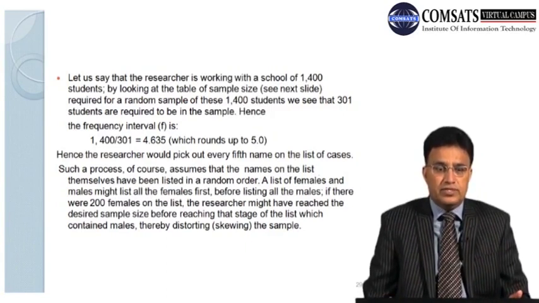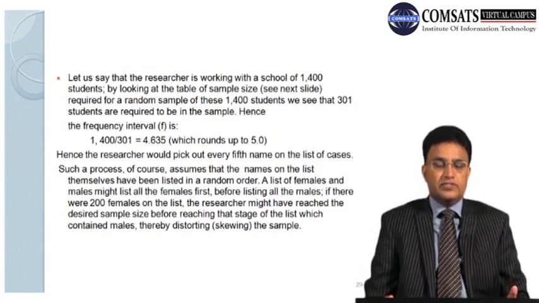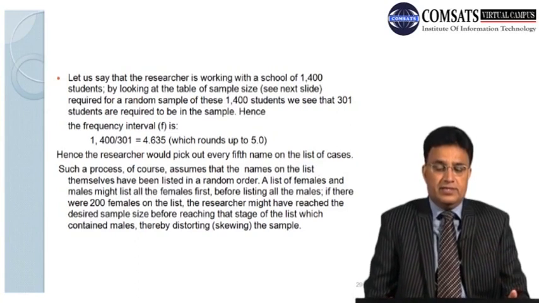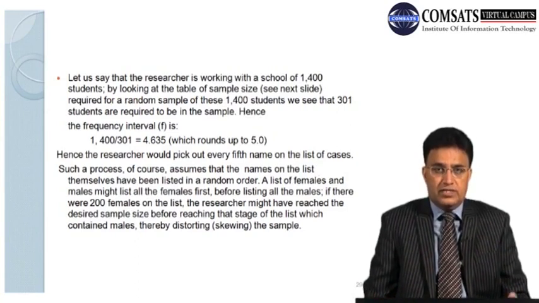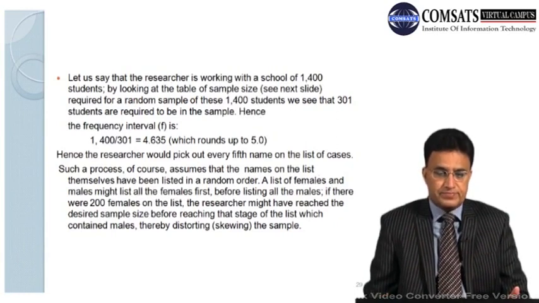If there were 200 females on the list, the researcher might have reached the desired sample size before reaching that stage of the list which contained males, thereby distorting or skewing the sample. So this is a problem with this one. Make sure that it is representative of the males and females together.